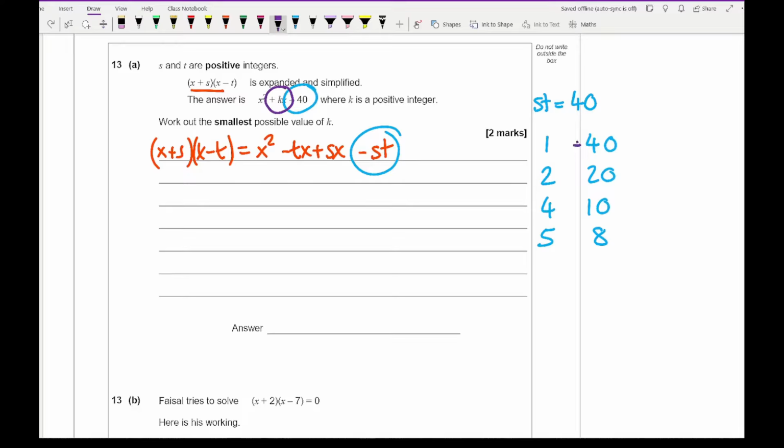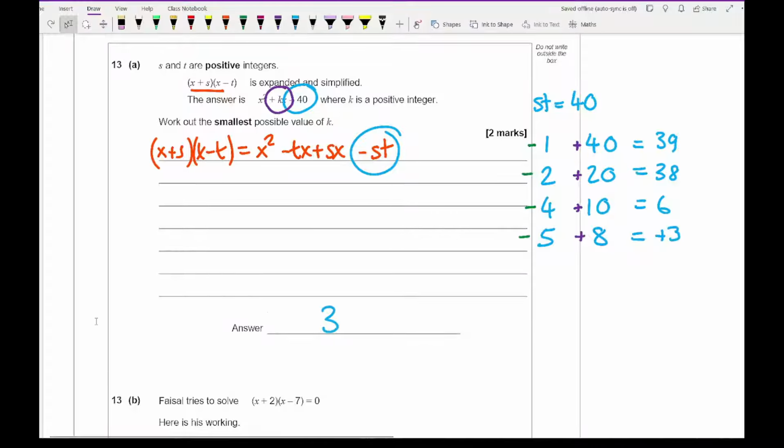So if I put a plus next to the bigger of the two numbers and a minus next to the smaller of those pairs of numbers, let's have a look at the smallest possible k value I can get. Well, if I do this, I'm going to end up with 39. If I do this, I'm going to end up with 38. If I do this, I'm going to end up with 6. And with this, I'm going to end up with positive 3. So here, then my smallest possible value of k is going to be 3.